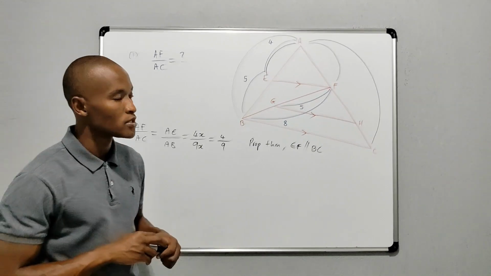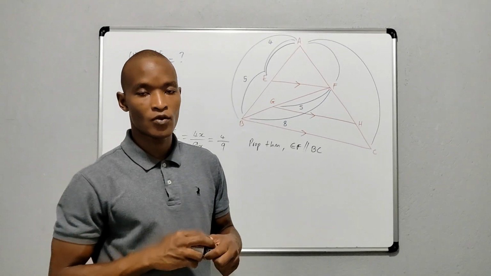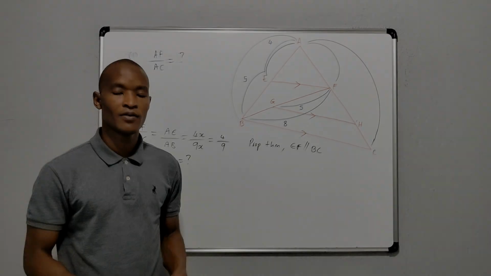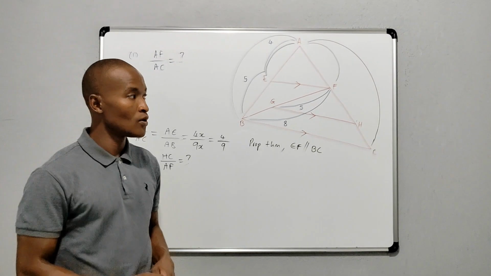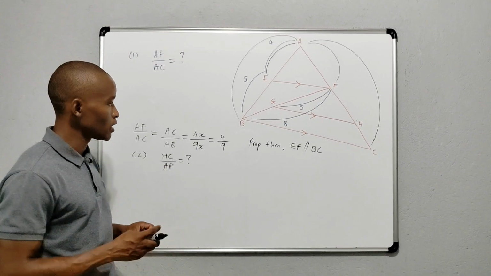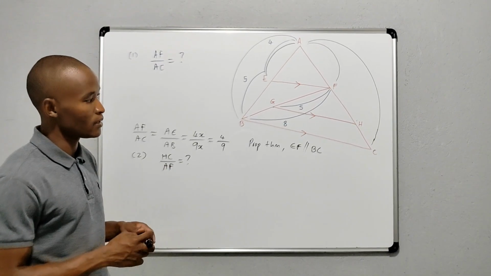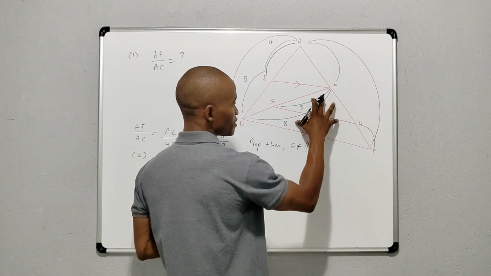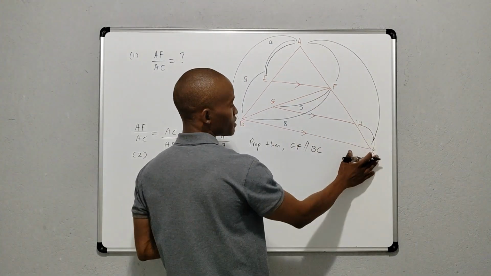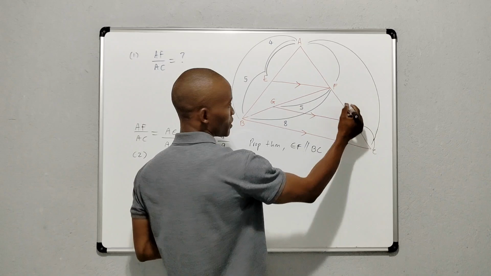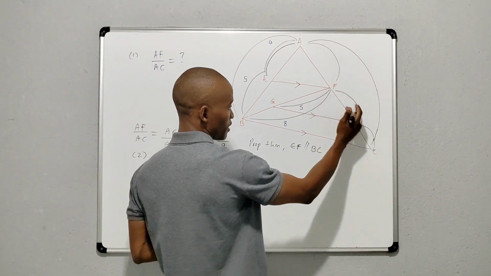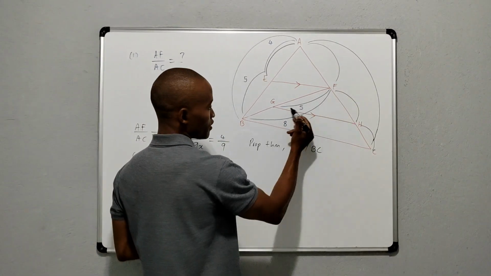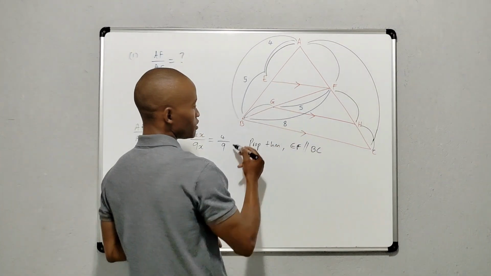Right, good stuff. Let us look at the second question. In this question, we are asked to calculate the ratio HC over AF. So HC, you can see in this triangle BFC, we can create proportionality there and link it to FG and GB.